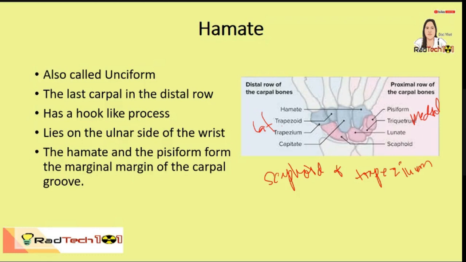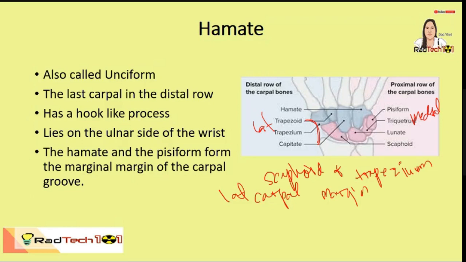So, scaphoid and trapezium form the lateral carpal margin. Ito yung groove dito, or the carpal margin groove, or the carpal groove. Lateral carpal groove.